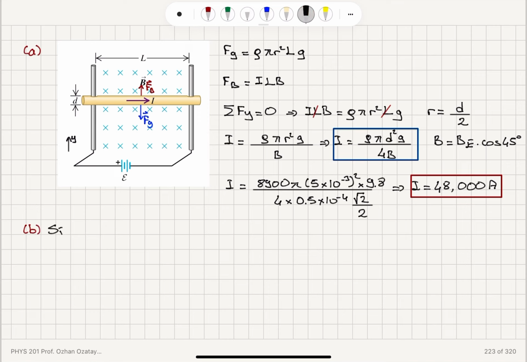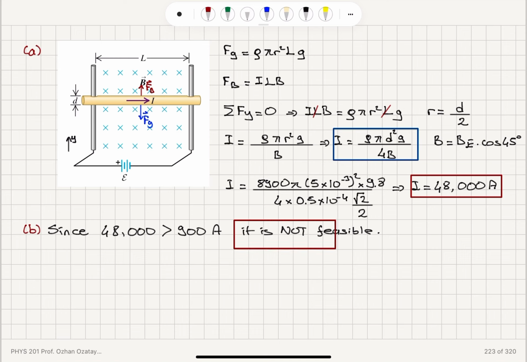So since I see that 48,000 is greater than 900 amps, this is not feasible. So this device cannot be built this way. Let's move on to part C.